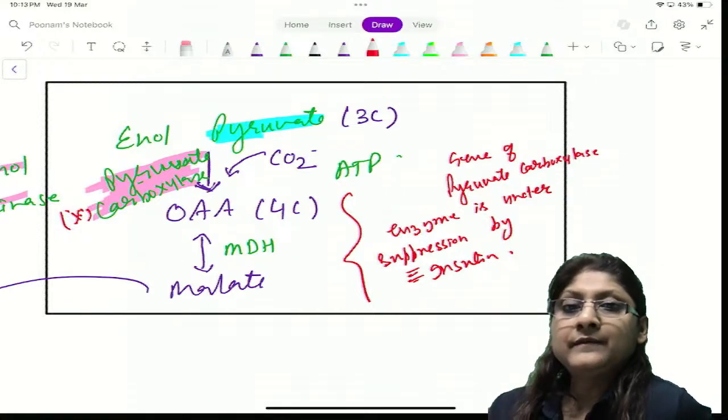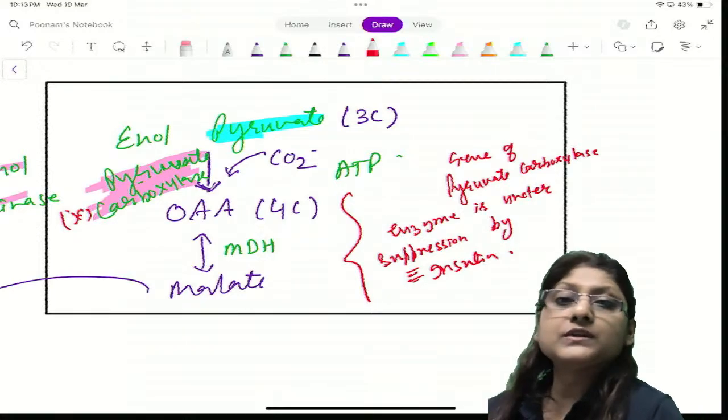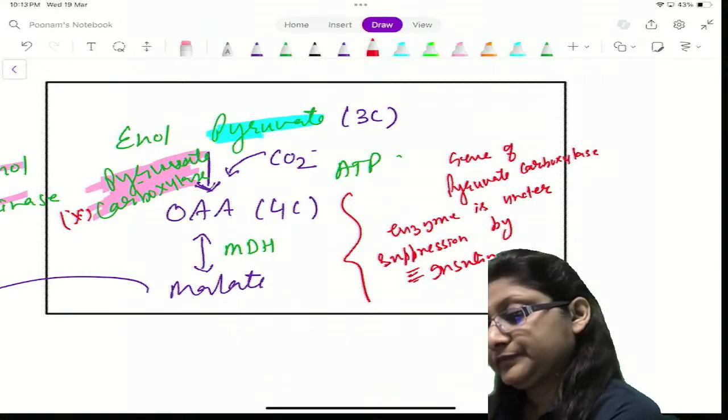So unless insulin is absent, you cannot think of the onset of gluconeogenesis.